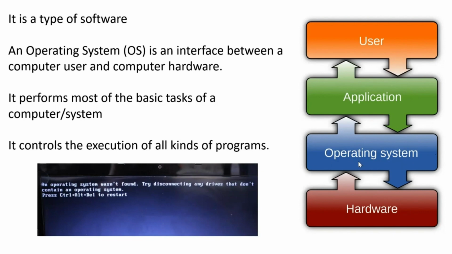And hardware වලින් නැවත operating system, application software output එකක් විදියට user ට detail එක එනවා. So මෙතන interface එකක් විදියට, user and the computer hardware අතර interface එකක් විදිහට operating system එක තියෙනවා. So most basic tasks are being performed by an operating system.